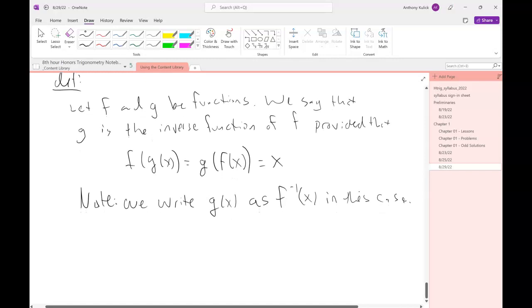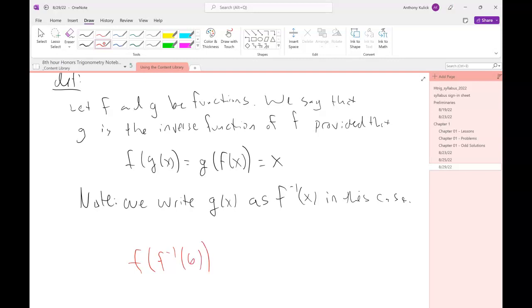So what is really happening here? If I do f compose f inverse of 6, what should come back out? 6, right? It's the equivalent of doing nothing. So that f undoes whatever f inverse is doing, right?